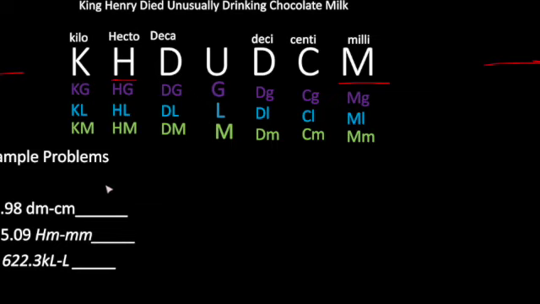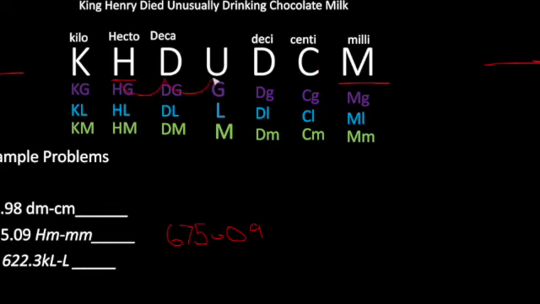Let's write down the number 675.09. Now let's convert. We're going from hecto to milli, and this time we're also moving to the right. If you're going to the left, you move the decimal this way. If you're going to the right, you move it this way. So let's convert from hecto to milli.